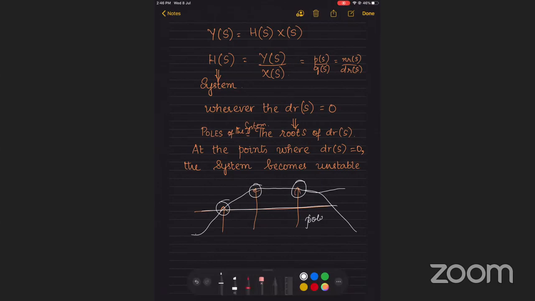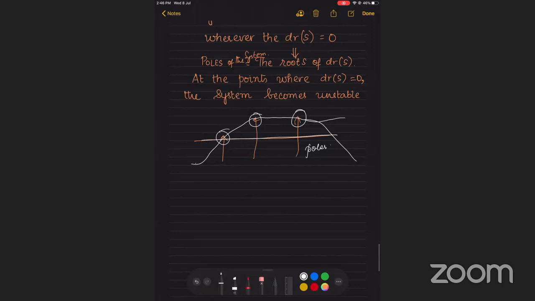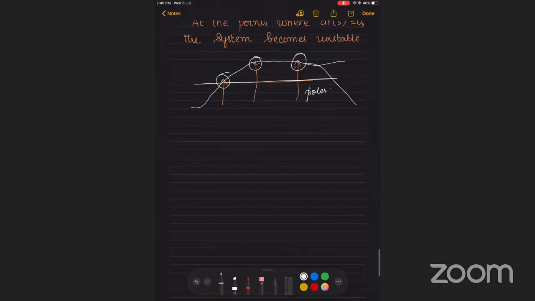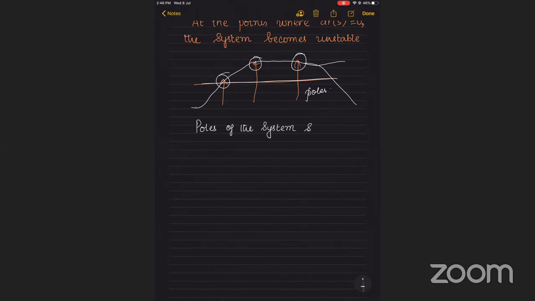Is that okay? This is in the case of the continuous time domain. The equivalent condition for a system to be stable is typically taught as follows: the poles of the system should be on the left half of the S plane.